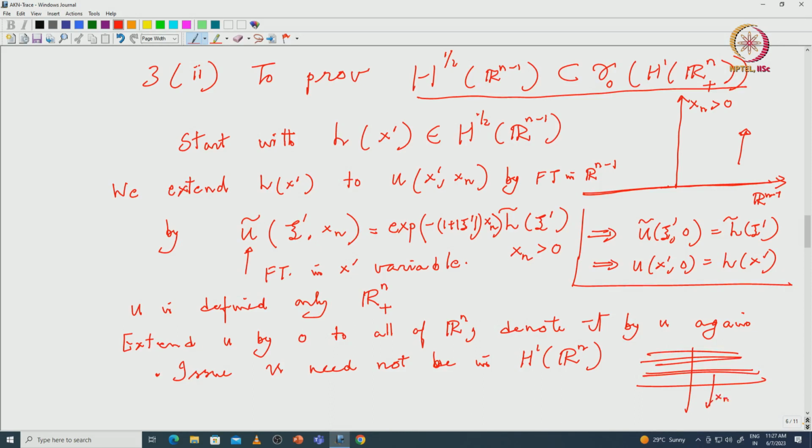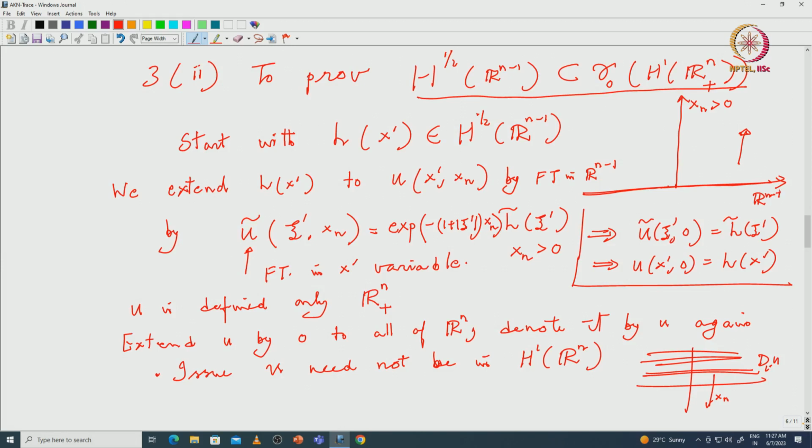So the derivative d_i of u will behave nicely for all i with 1 less than or equal to i less than or equal to n minus 1. We expect d_i of u to be in L2 for up to n minus 1, but d_n of u need not be. So you have to deal with that one.